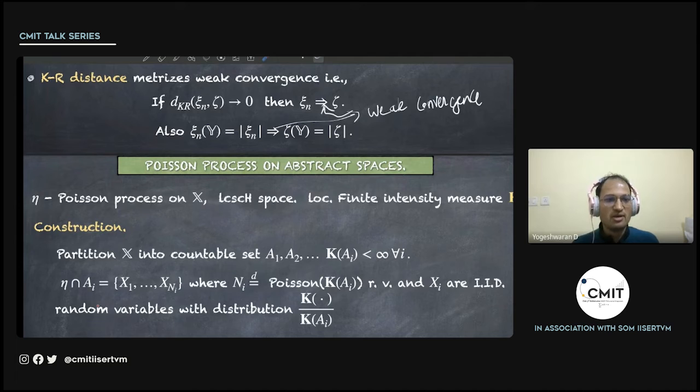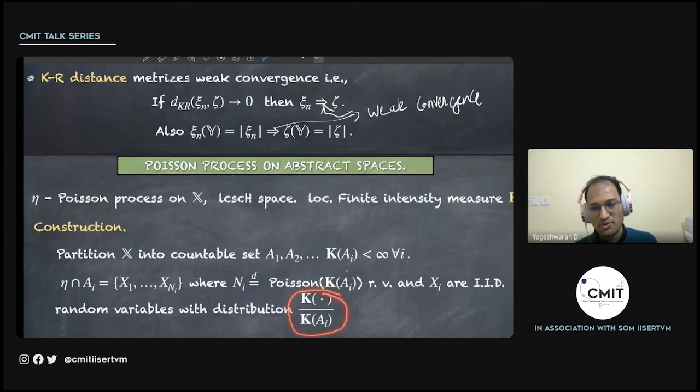Let me just say: partition it into finite sets on which K of A_i all have finite measure. On each of the sets, pick a Poisson random variable N_i, and throw that many IID points according to the normalized distribution. Convert K into a probability distribution.